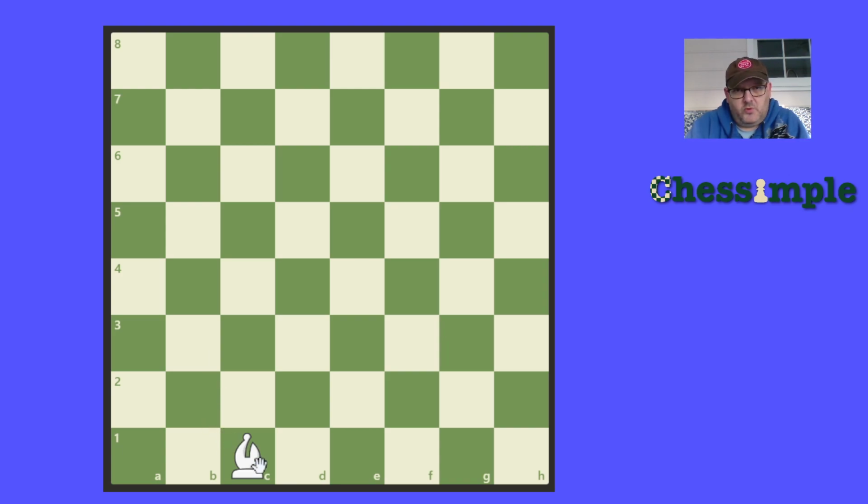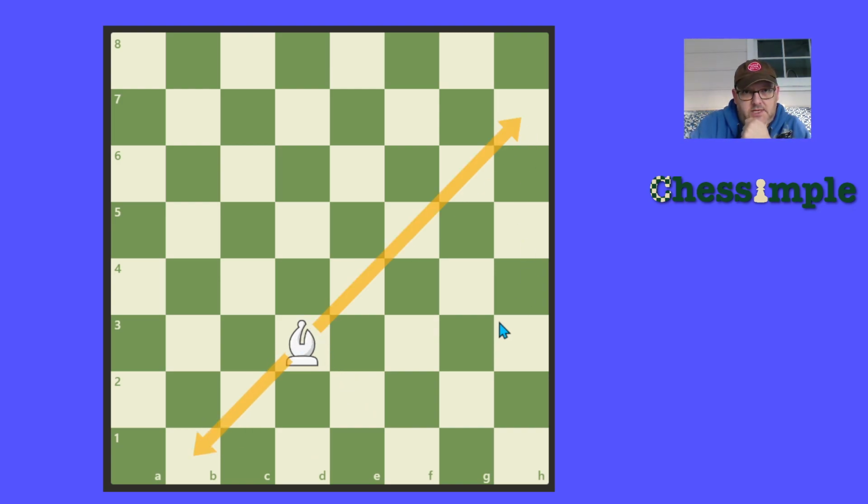Now let's just move it over to F1, the light squared bishop or kingside bishop for white. And let's look at the same thing. Its natural developing square of E2 covers the D1 to H5 diagonal and the F1 to A6 diagonal. Moving it to D3, it now covers the B1 to H7 diagonal and continues to cover the F1 to A6 diagonal.